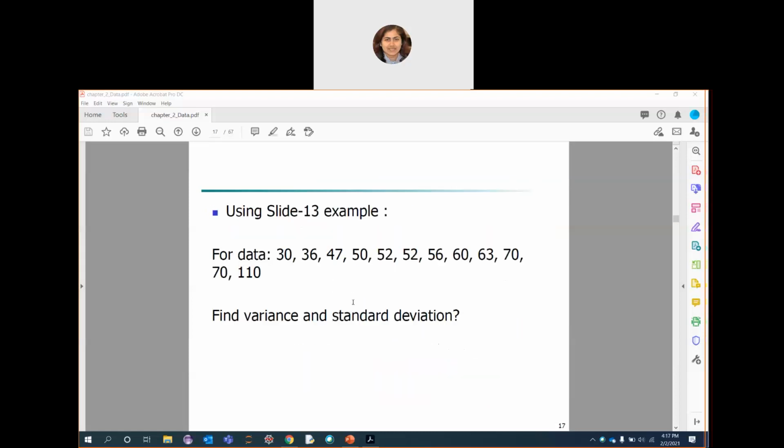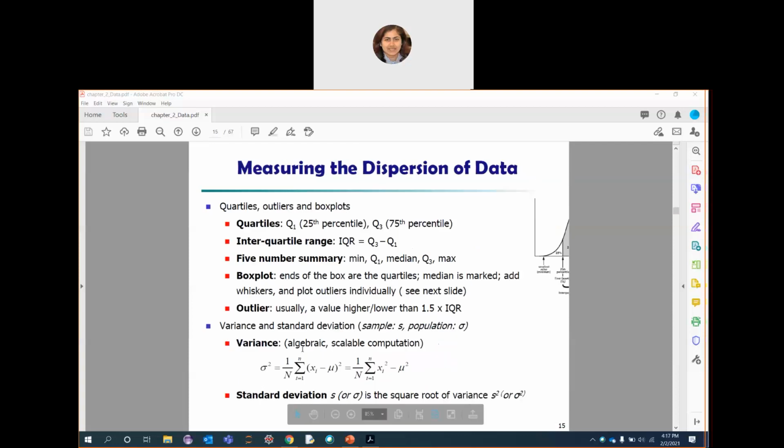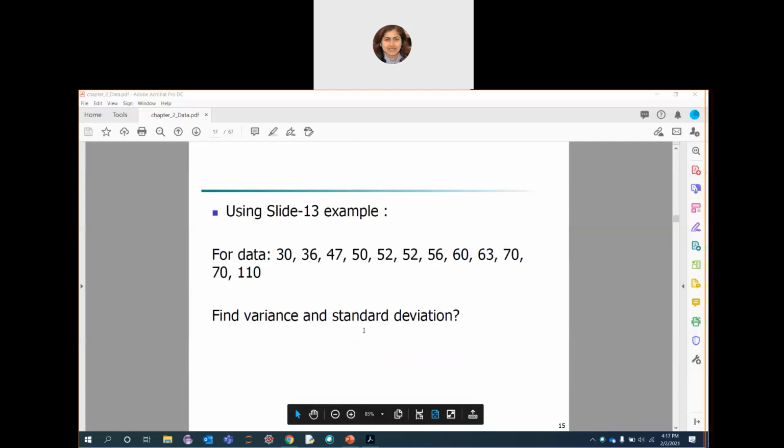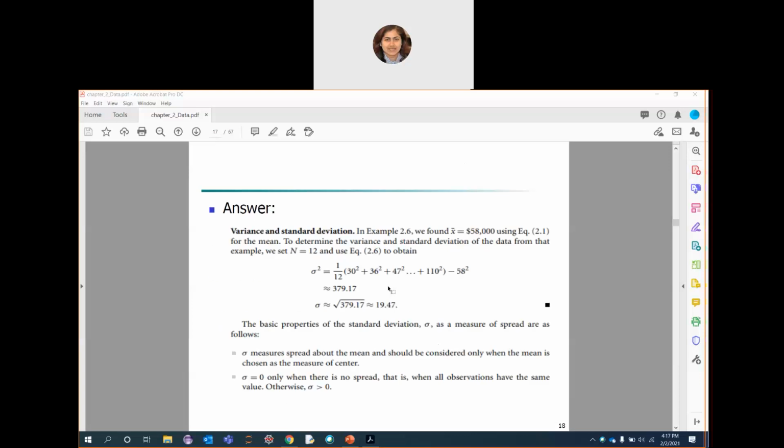Okay, so for the variance and standard deviation formulas that I was showing you, there is an example from your book. I have added it here. For the last example that I was showing you, where you calculated from a set of salary values, you got the median value as 58,000.